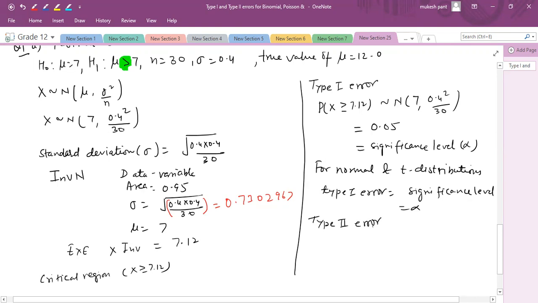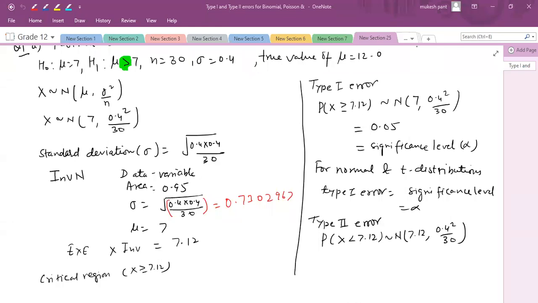For type 2 error, you know what you have to find. In this case X will be less than 7.12, but there will be one thing changed. Only one thing changes: there will be a new mean.